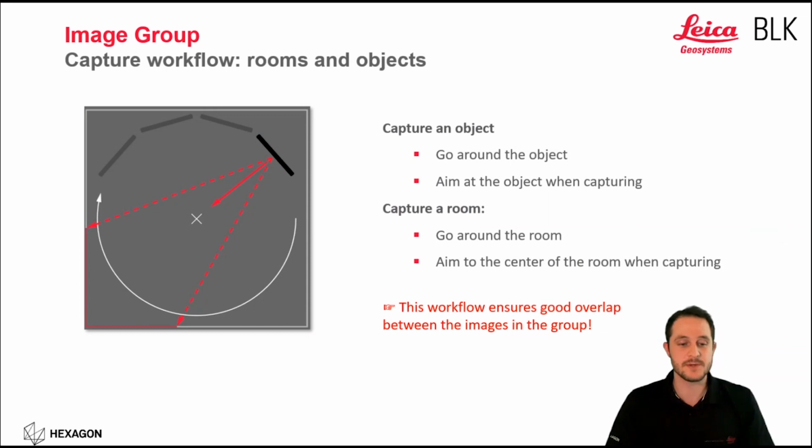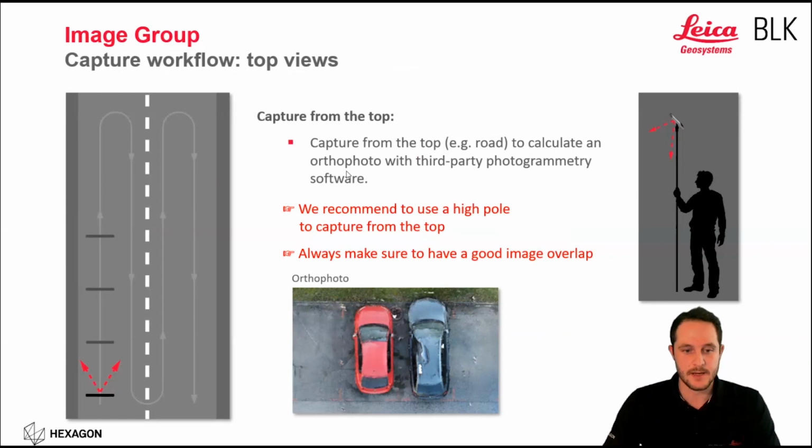Some rules on how you should capture images. Of course, we want some overlapping when you take images. But for example, to simplify things, if you have a room like this, you basically just go to the other side of the room and take shots around the room. Then the overlapping should be more than enough for the images to be processed. If you're documenting a road or anything like that, again, you can have different workflows for how you do that.